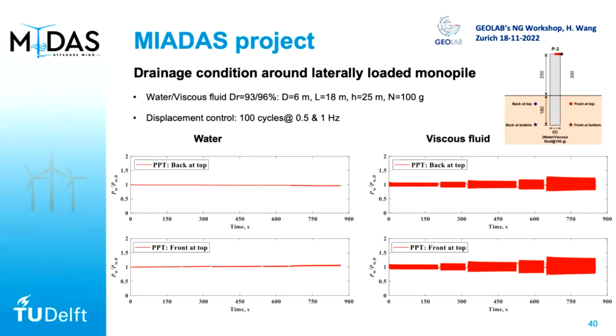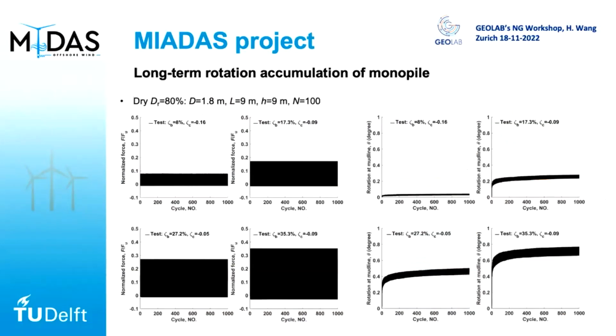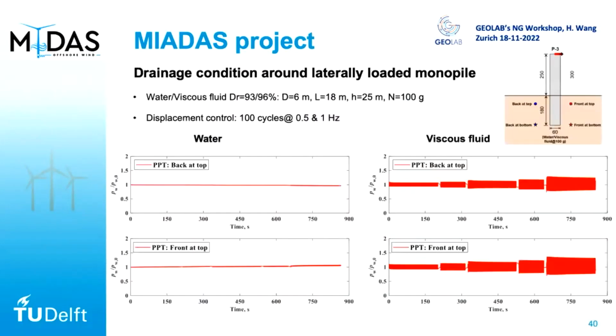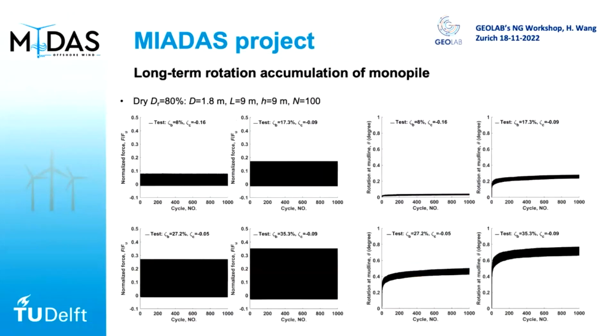Yeah. Thank you. So basically, the observation we have is that most of the time the response of the monopile is controlled by the drained response. There is a small undrained response, but not that important. And the very last piece is, as I said, the response is mostly drained, so when you apply the load, the soil will contract, and then you have deformation of the pile.